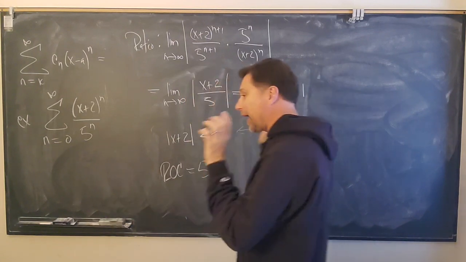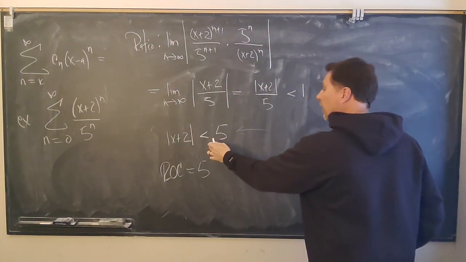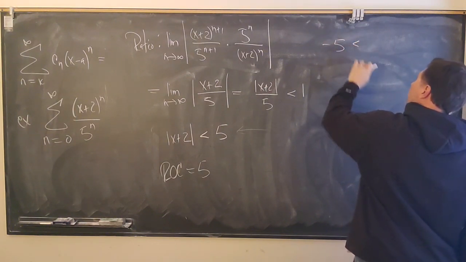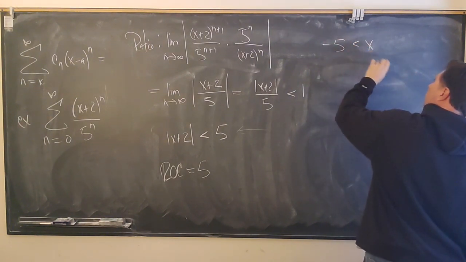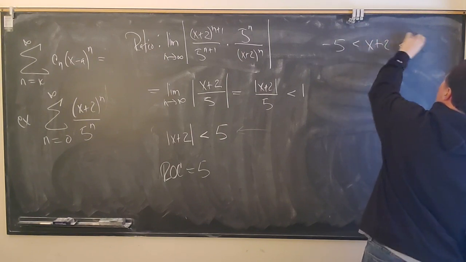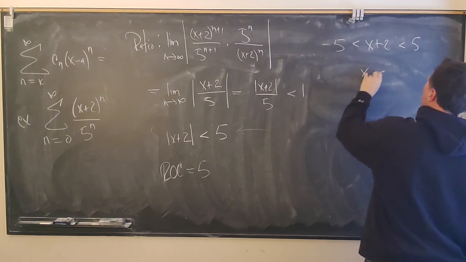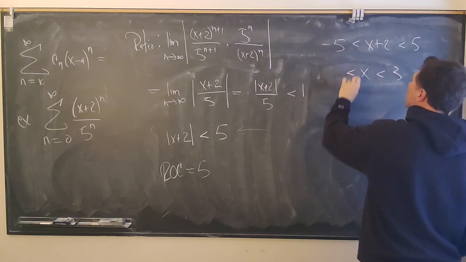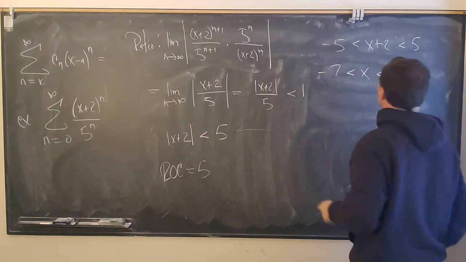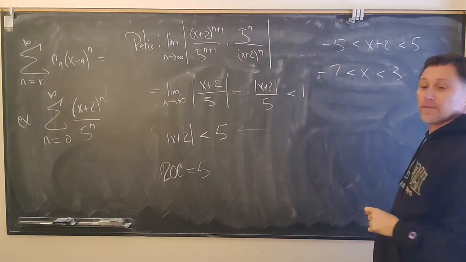Now we also need the interval of convergence. So we need to check the endpoints. I want to unravel this, getting rid of the absolute value. So I have -5 less than x plus 2 less than 5. And then we solve. So this gives us x less than 3 and greater than -7.